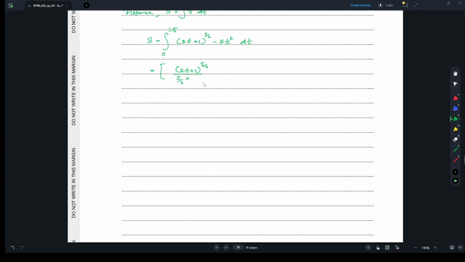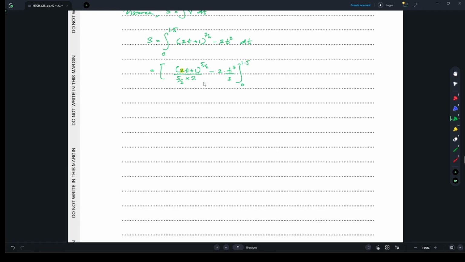Also here we have to divide by 2 because the coefficient of t is 2. Okay, keep that in mind. Then minus the other one. 2 is a constant, so we can keep it there. And the integration of t squared is t cubed, or t to the power 3, divided by 3. So from 0 to 1.5.